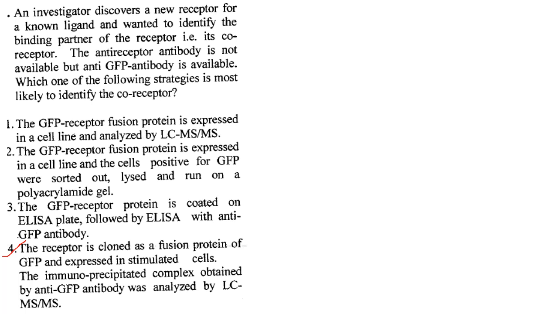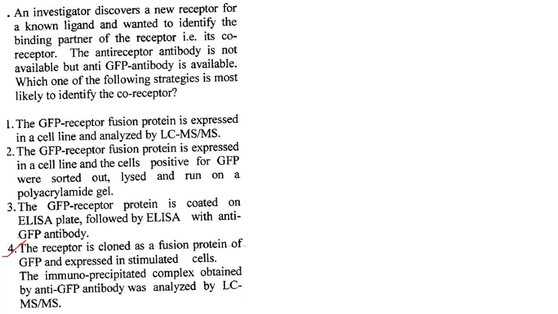Now, the investigator discovers a new receptor for a ligand and he wants to identify the co-receptor. The anti-receptor antibody is not available. So the antibody against this particular receptor is not available, but anti-GFP antibody is available. So which of the following strategies is most likely to identify the co-receptor?